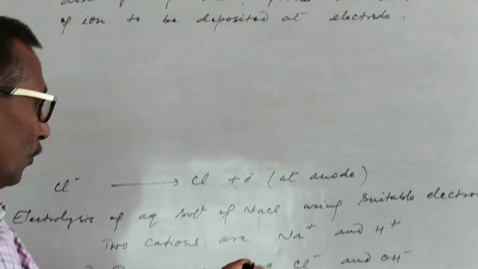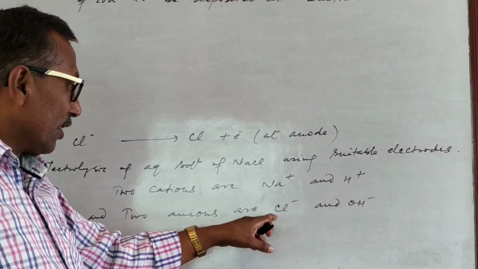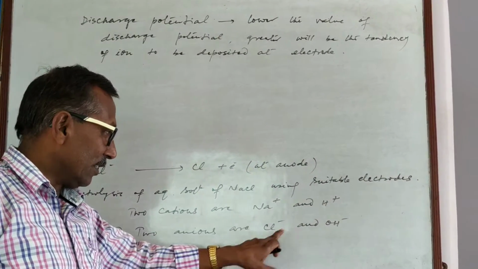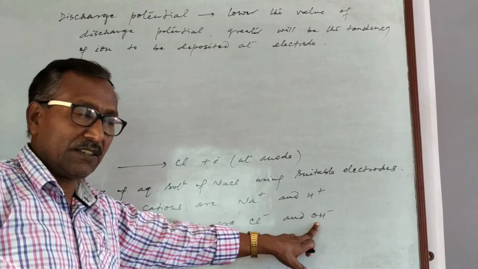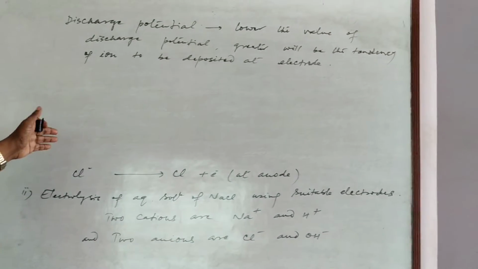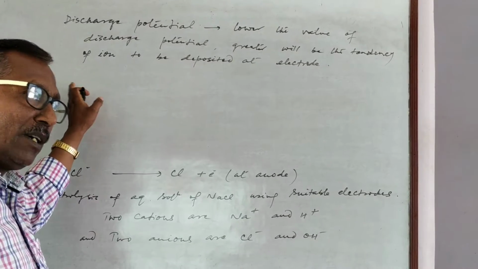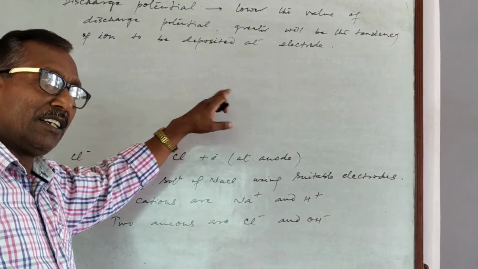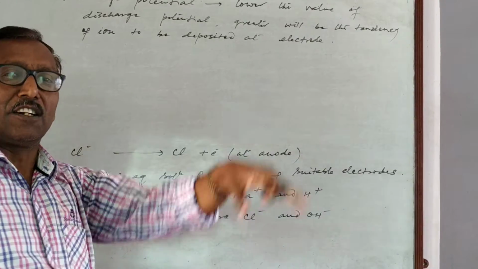Now here we can compare the discharge potential of Na+ with H+ and Cl− with OH−. This discharge potential can also be expressed in the form of a standard reduction electrode potential and a standard oxidation electrode potential.